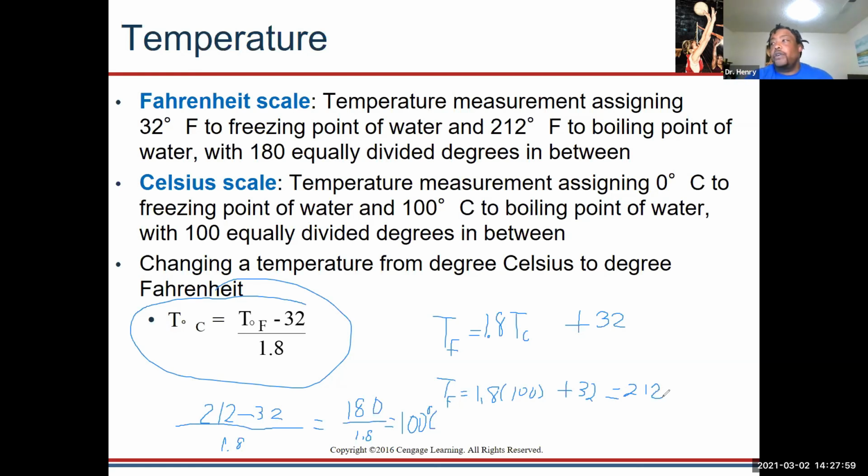I also know that water freezes at 0 Celsius, which is 32 degrees Fahrenheit, so that's another way to make sure I have the right equation. All it is is plugging into the equation. Any questions? Nope. Good.